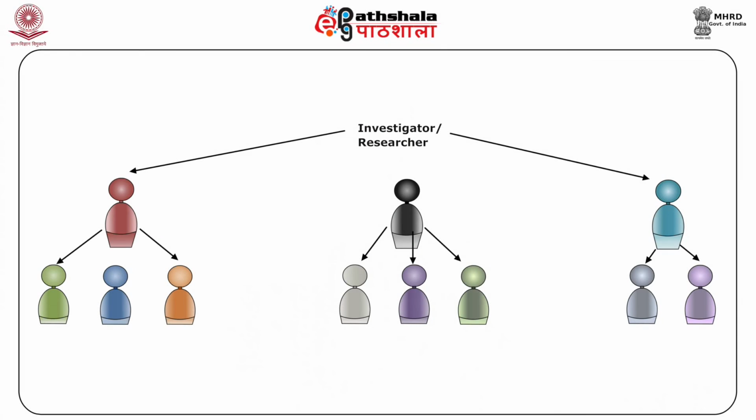Snowball sampling is another form of sampling. This sampling involves recommendations or referrals from existing sample units for identifying potential sample units. The process continues till the sampling requirement is met. So, small population sizes warrant the use of this approach.